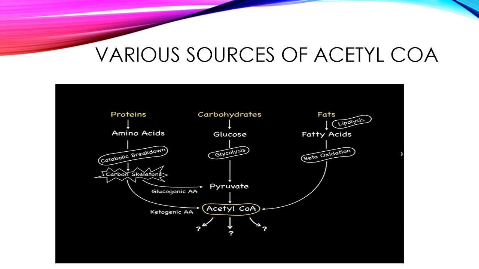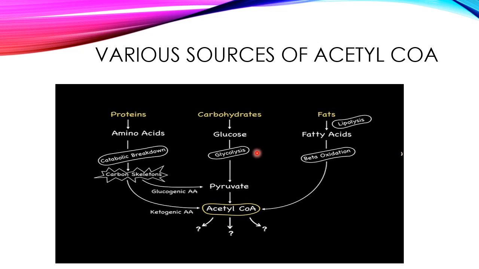Acetyl-CoA is an important precursor of the TCA cycle, that is the tricarboxylic acid cycle. So let's understand the various sources of acetyl-CoA. The first being the carbohydrates. The cell always prefers carbohydrates as the first source. The carbohydrates, that is our polysaccharides, are converted into glucose.